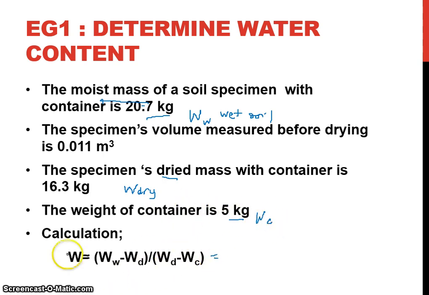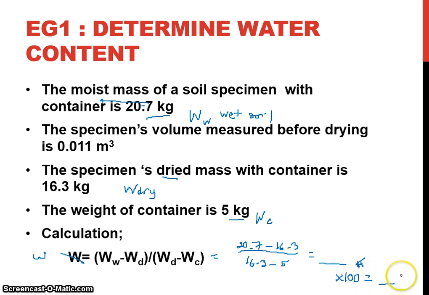So easily, this is a small letter w: 20.7 minus 16.3 divided by 16.3 minus 5 kg. So you can get the answer, and we don't have any unit anymore, right? So the moisture content is either in decimal, or if you want it in percent, you just multiply by 100 to get the moisture content in percentage.